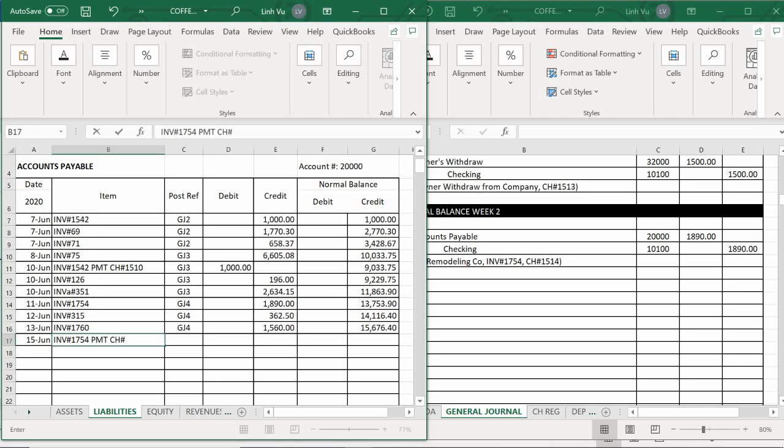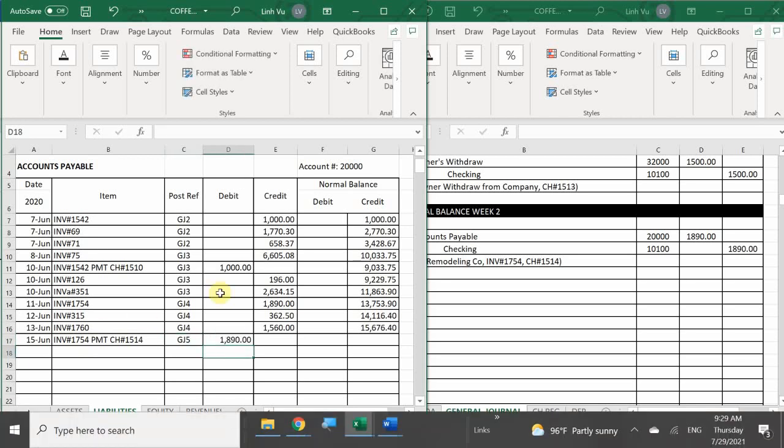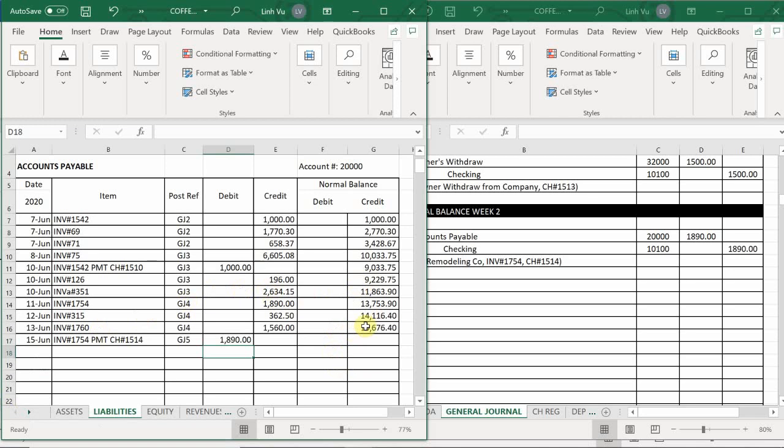And I'm going to reference that with also a check number 1514. Debit for 1890. Okay. So then what is my total accounts payable right now?